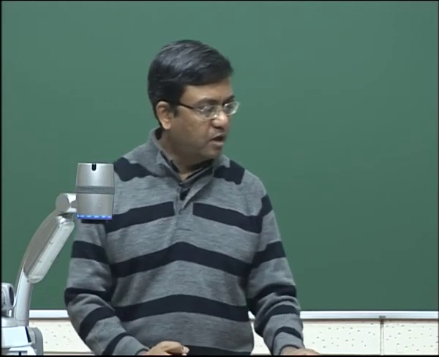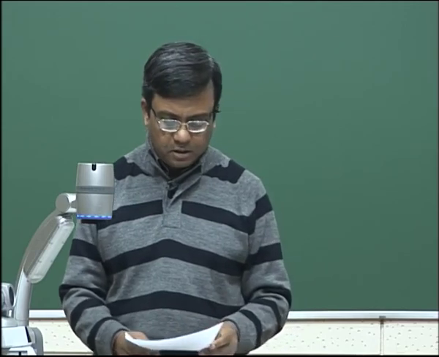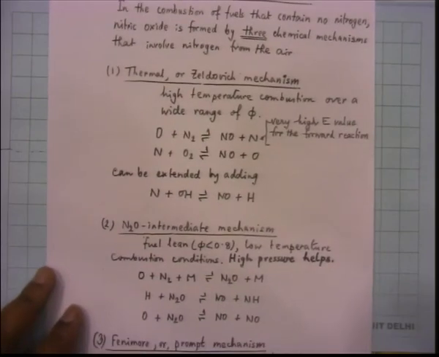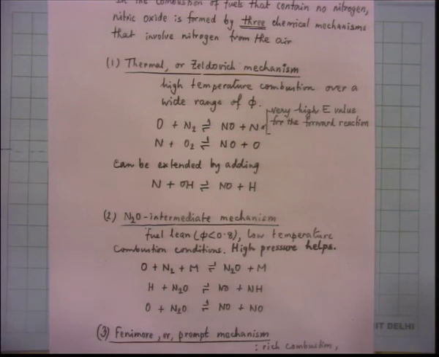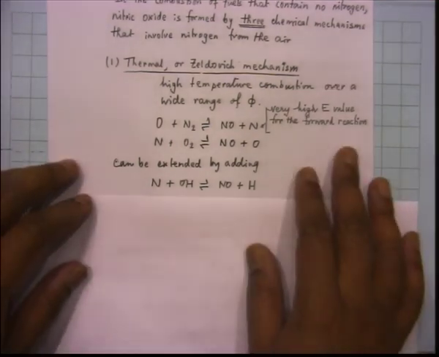Okay, so I will not have time to discuss oxides of nitrogen formation, but I will show a little bit of that, because you already have some exposure to this. We in fact discussed this a little bit.